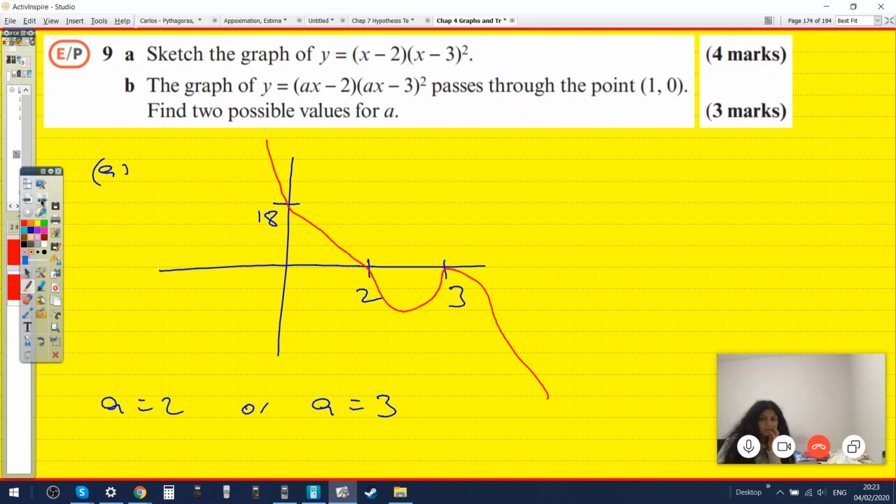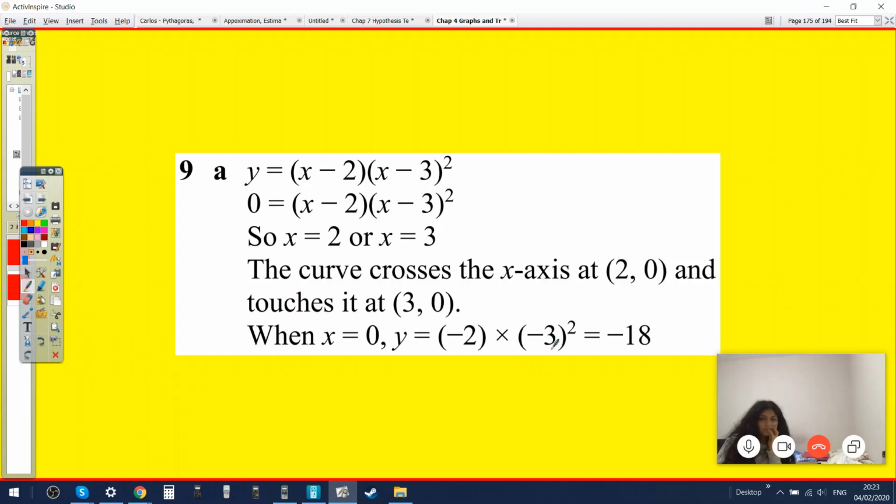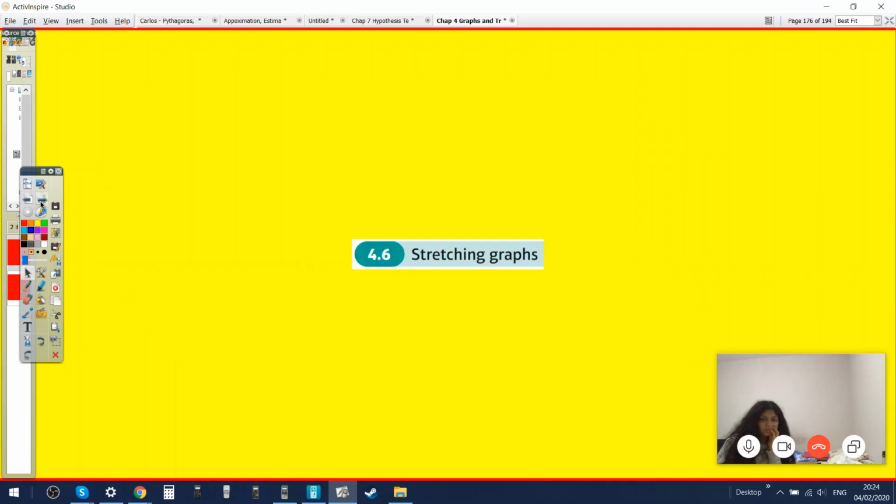It passes through the point 0, 10. That's A.